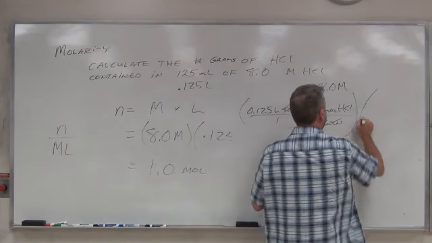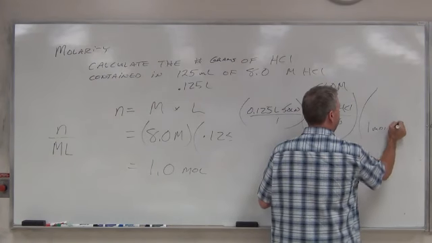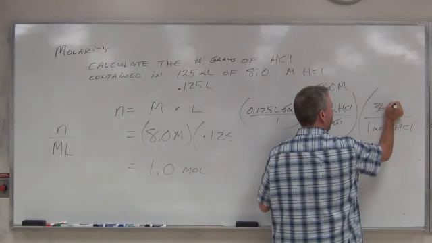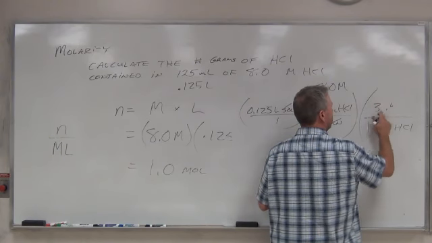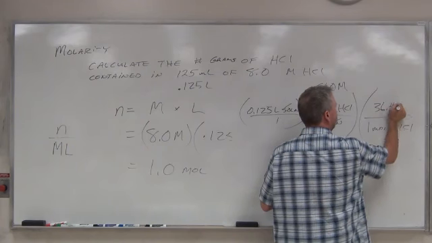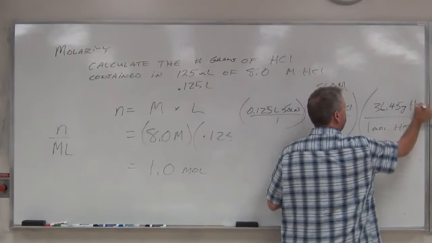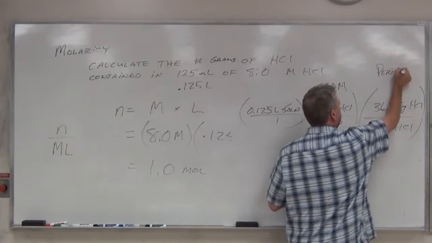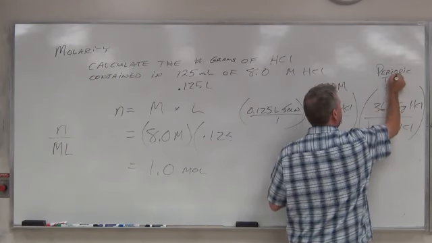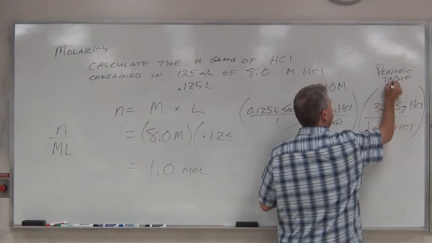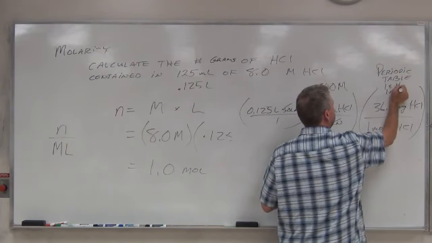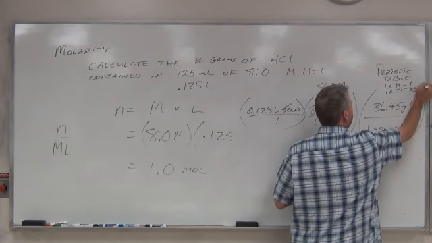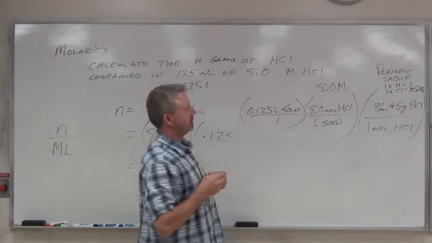Liters of solution are gone, and I have 1 mole of HCl is equal to 36.45 grams of HCl. I got this from the periodic table: 1 times H, 1 times Cl, 35.45.